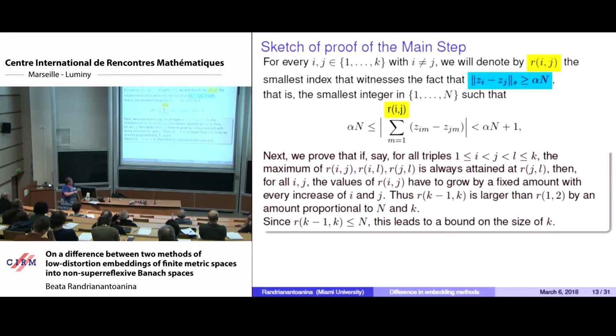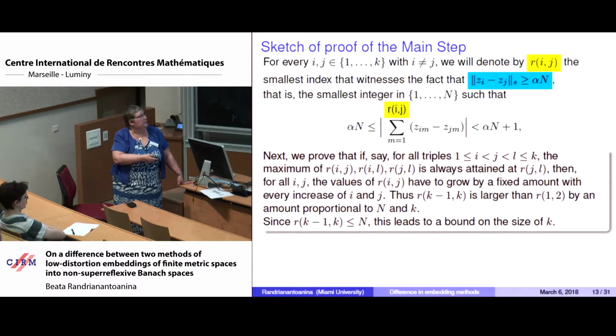And if we knew that, say, it's always attained at this Rjl, which is the largest pair, then we would be able to say, oh, they keep growing. As I move to the next pair, it keeps growing, and eventually I'm supposed to reach my k, so I can only make a finite number of steps.